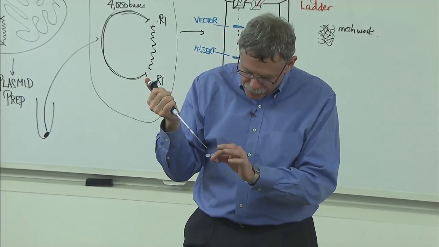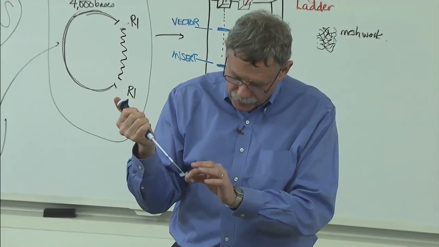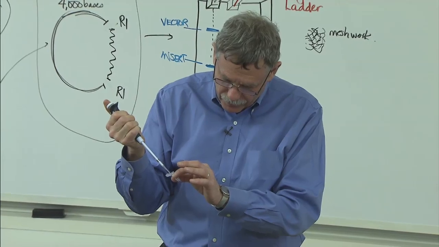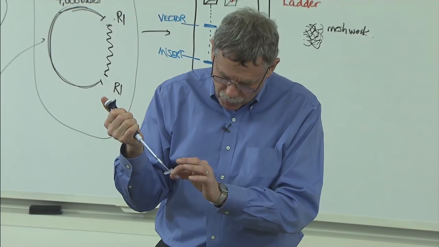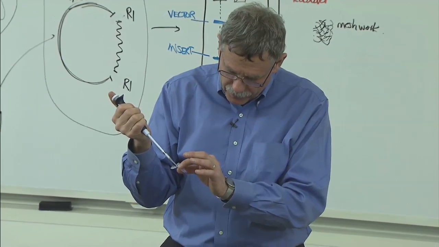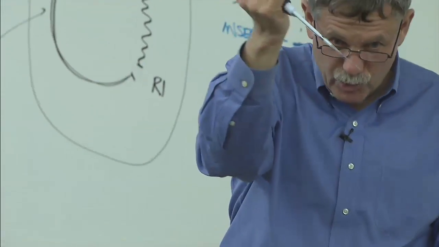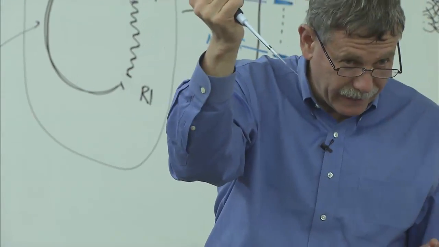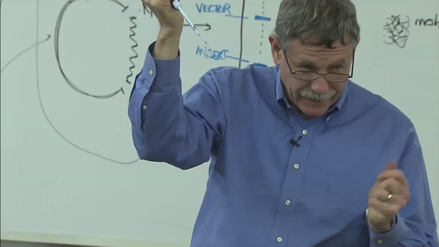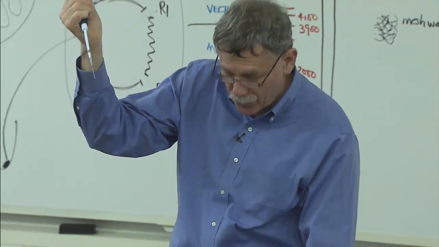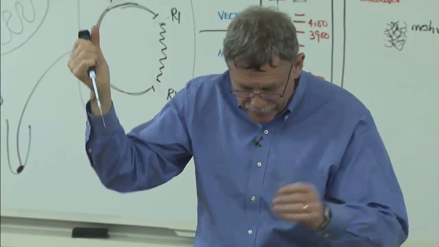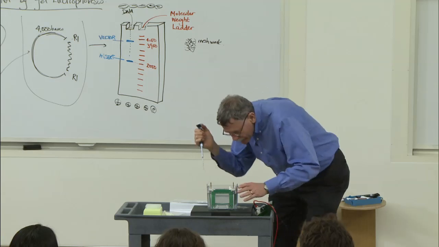And we'll see what happens. Go in here. Very slowly take out blue stuff. This would be DNA if we were in the lab, but it's not DNA. And I would be wearing goggles and I would be wearing gloves. But we're just demonstrating.